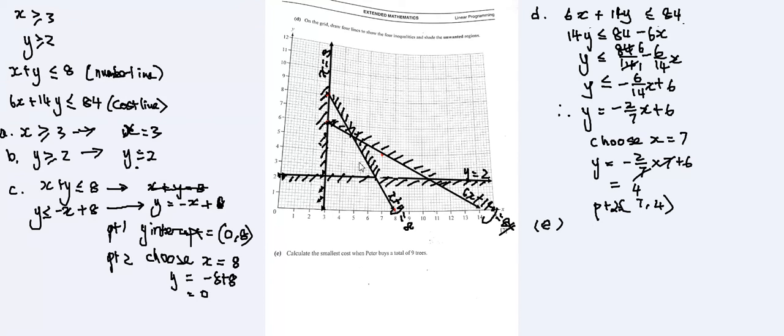So from here we want to find a place where the total sum is equal to 9 trees. You could have 5 on this. X is the palm tree, and Y is the apple tree.